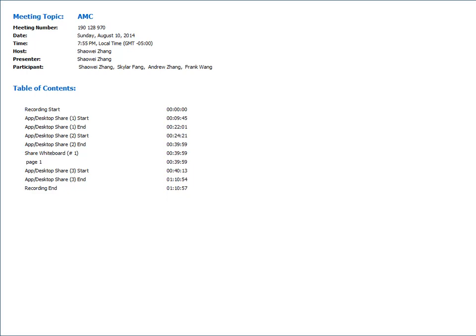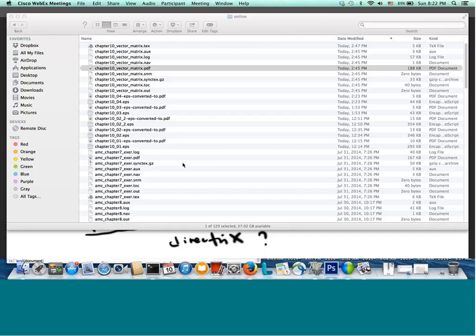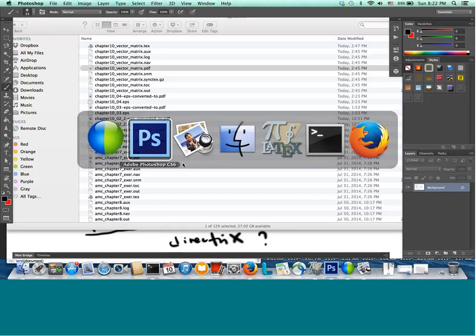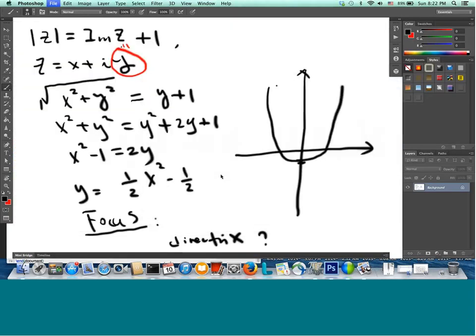You can go to the previous chapter. Let's see together.